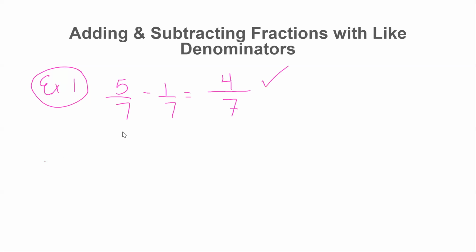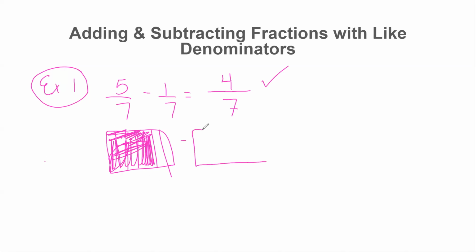And again, if you kind of think of it as the candy bar, I don't know why I did sevens. 1, 2, 3, 4. 1, 2. There we go. There's 7. So here you ate 5. Subtract. Now you've just eaten 1 there.